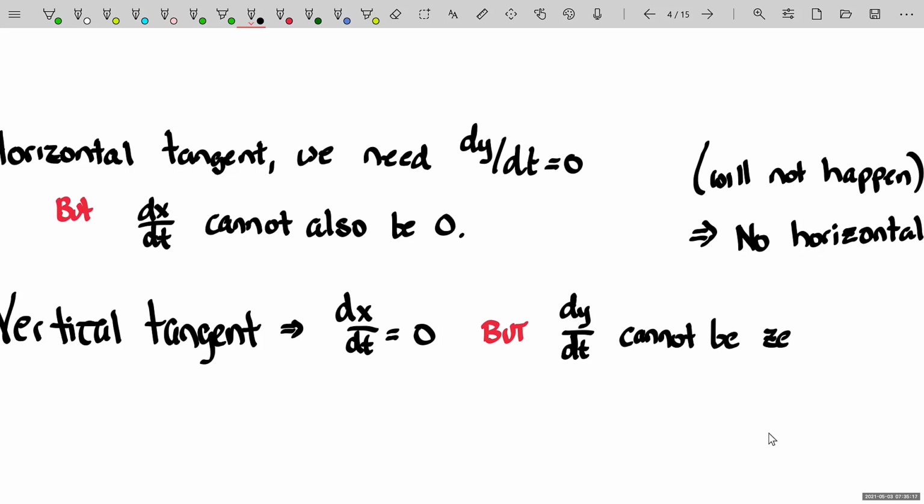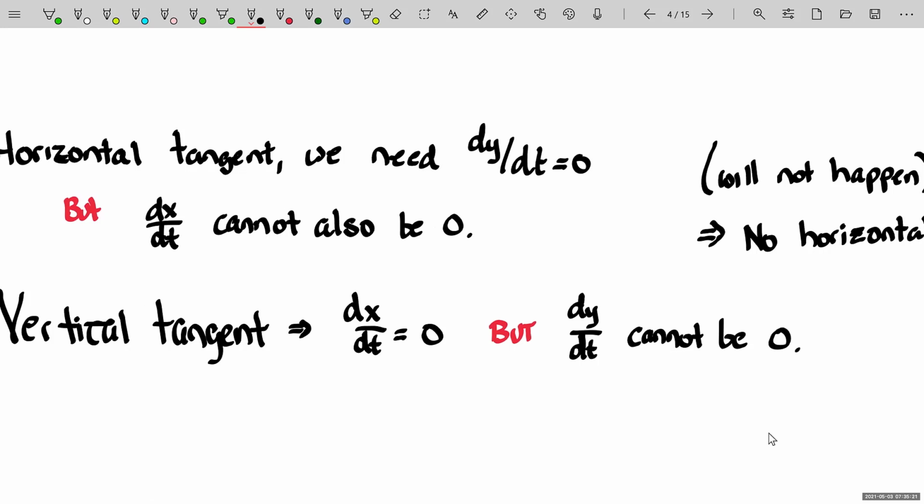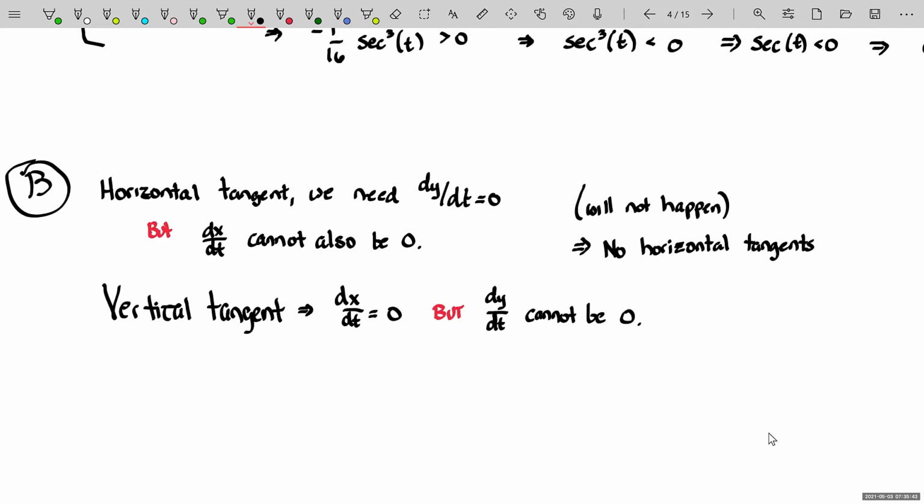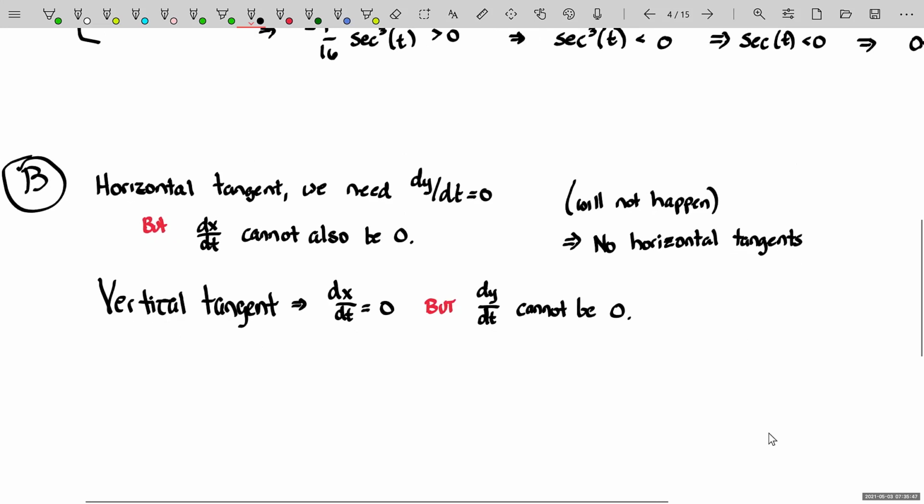Again, I explained it last time. If they're both 0, that means you're not moving that Etch-a-Sketch dial. You're not moving in either direction, so the point is not moving at all. You just have a point in space, so that can't provide a vertical or horizontal tangent.